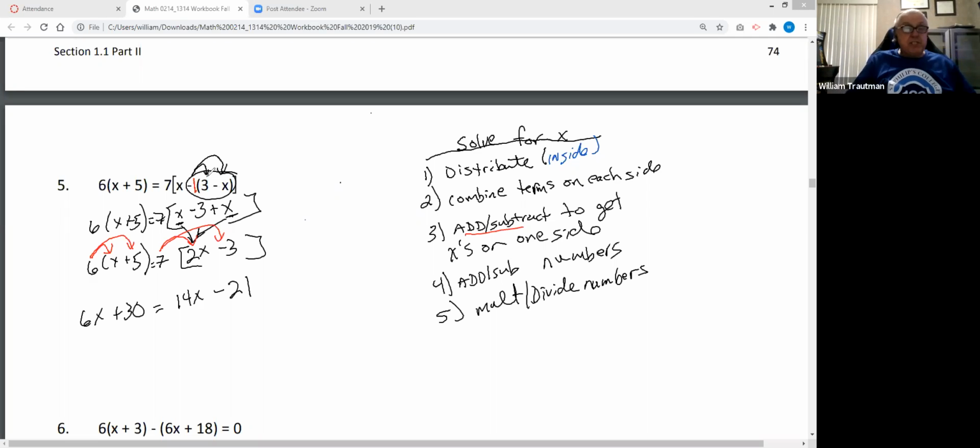All right, we just did step 1. Step 2, try to combine like terms, and there's nothing on the right side to combine. There's nothing on the left side to combine. Step 3, add or subtract to get the x's to one side. I am going to take this 6x to the other side.